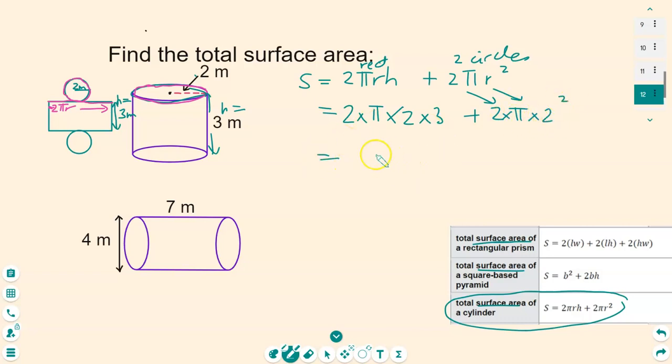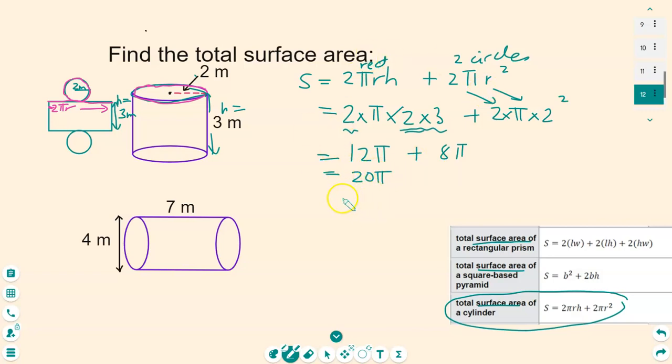Now, before inputting this to your calculator, it's nice to simplify it a little bit. So grab all your constants and put them out the front. 2 times 2 is 4, times 3 is 12, plus 2 times 2 squared. So 2 squared is 4, times 2 is 8. And so 8 and 12 is 20 pi.